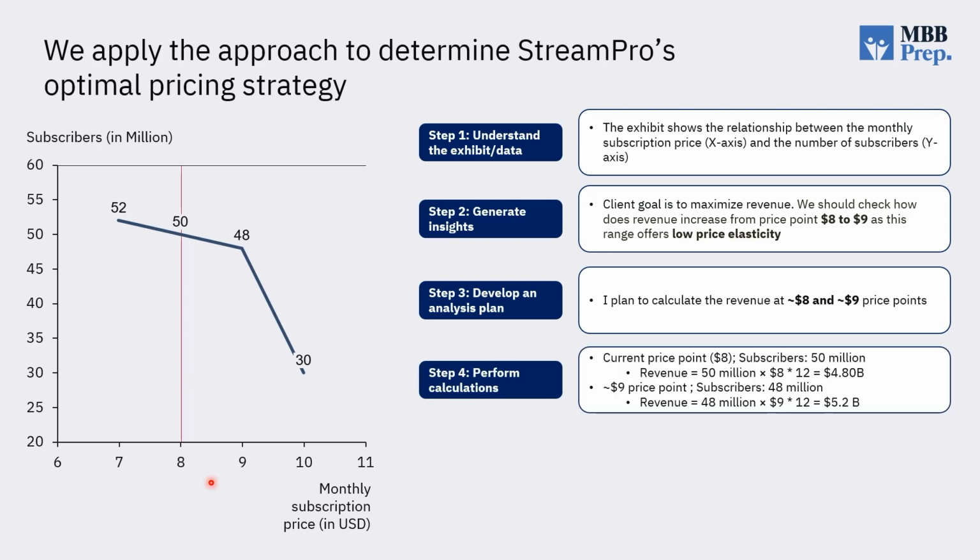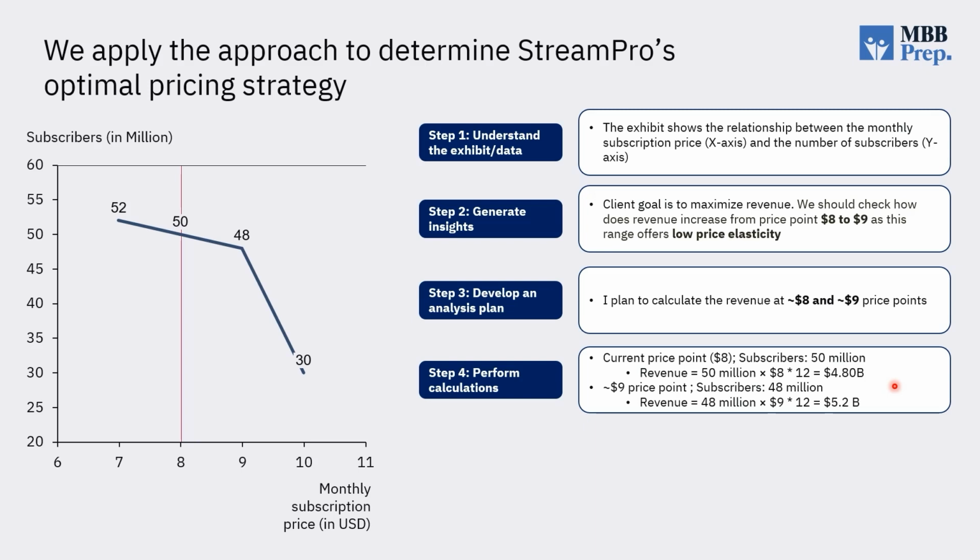So therefore, we perform the calculations, and what we discover is $9 price point offers higher revenue, a revenue of $5.2 billion relative to $4.8 billion, which a $8 monthly price point offers, right? Also, it's important for us to note here that streaming as a business most likely will be a high fixed cost business, right?